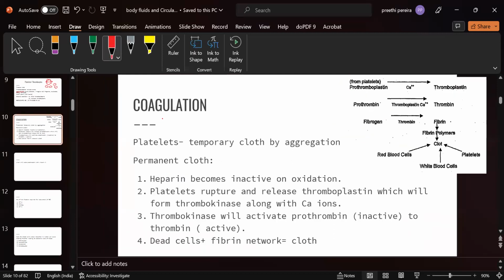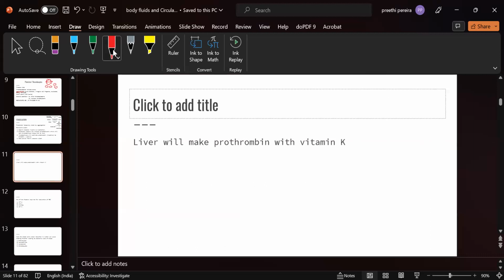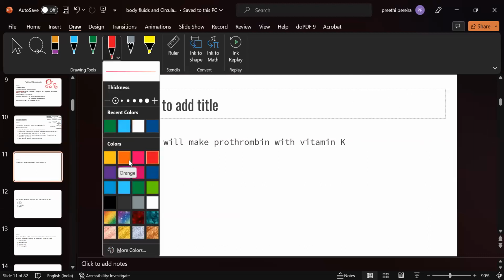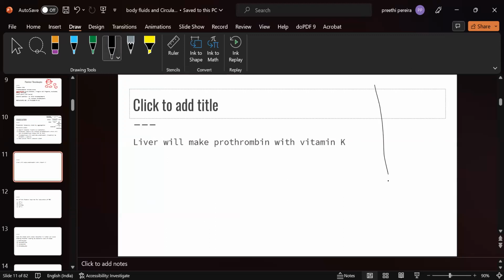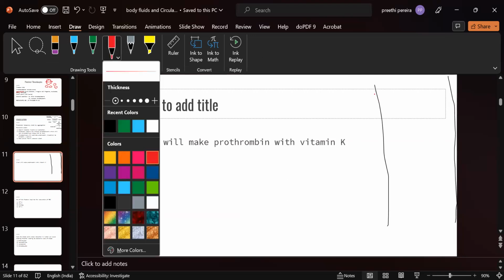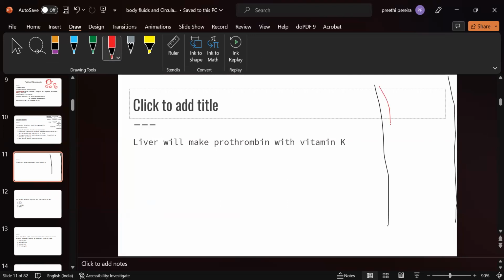Now, coagulation or clotting of the blood. Let me tell you, if this is your body, if this is your hand, and this one is your blood vessel in the hand.